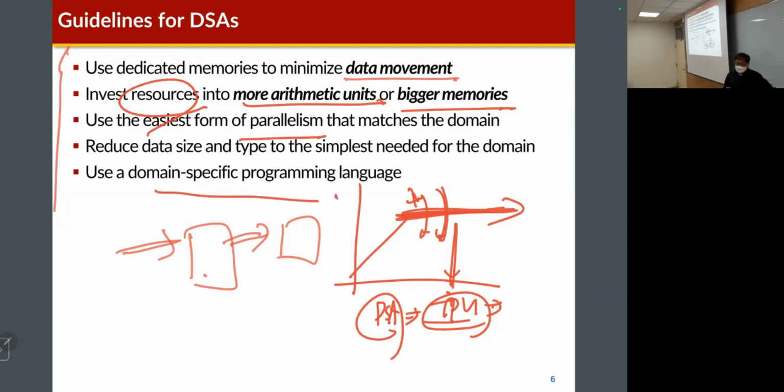It's also very important that the domain-specific architecture should be supported by domain-specific programming languages. Recently we can easily run neural network applications on the GPU using neural network frameworks such as PyTorch and TensorFlow.